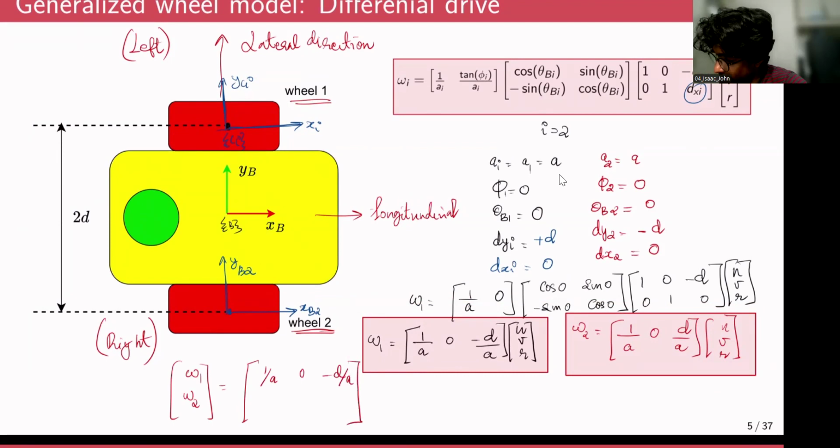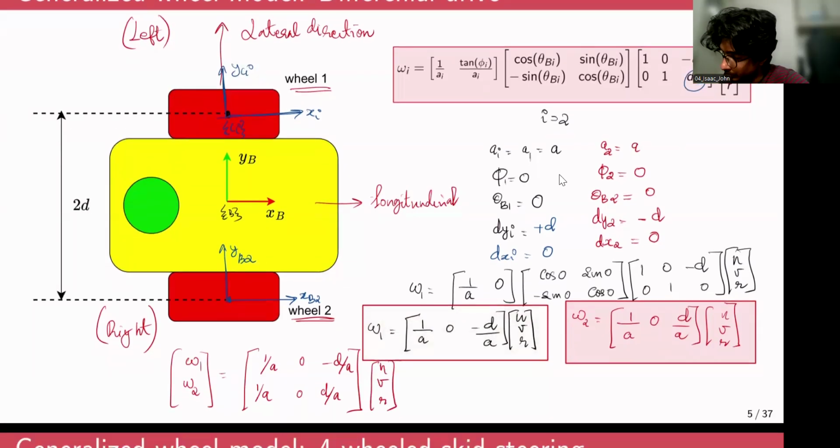And the second row would be 1 by a, 0 d by a, this multiplied by UVR. Right? This expression.